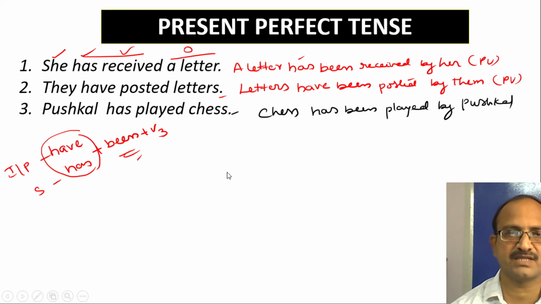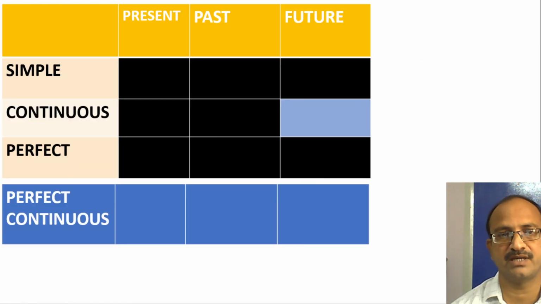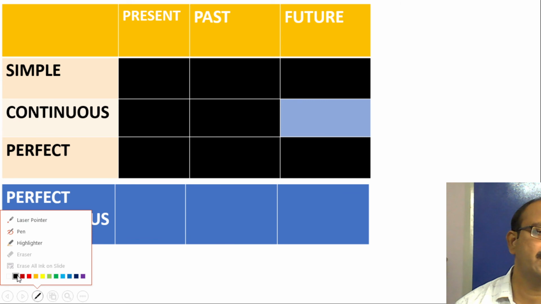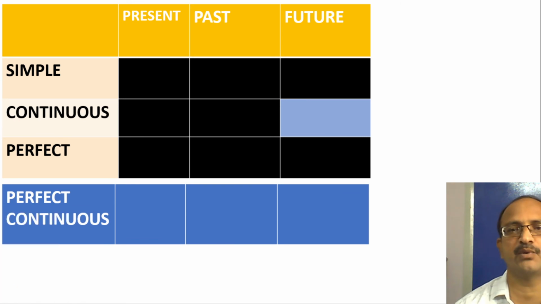So far I have explained simple present tense, present continuous tense and present perfect tense. What about the next one, the perfect continuous tense? Before going to that tense, I want to explain an important concept. Look here at what I have explained so far. In the present tense category, I explained simple present tense: you take is, am, are plus V3.